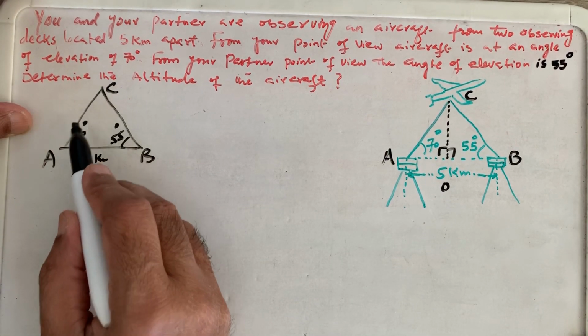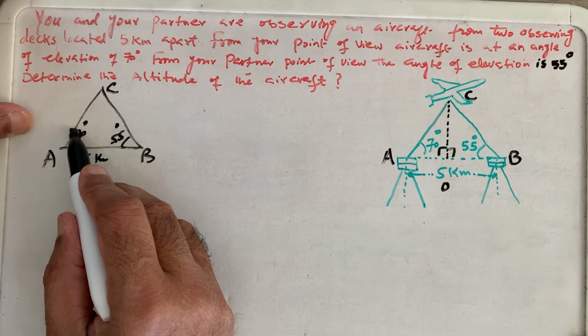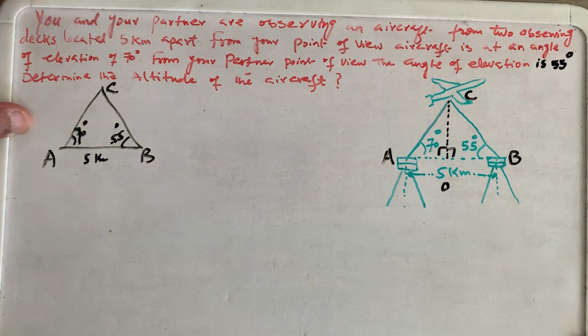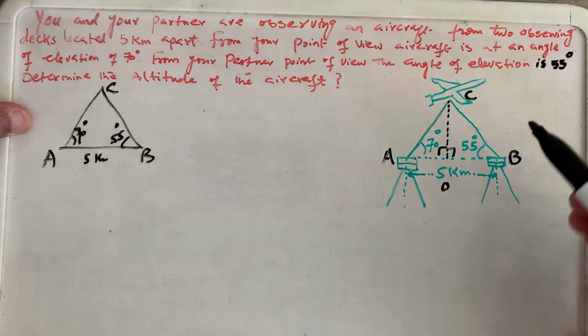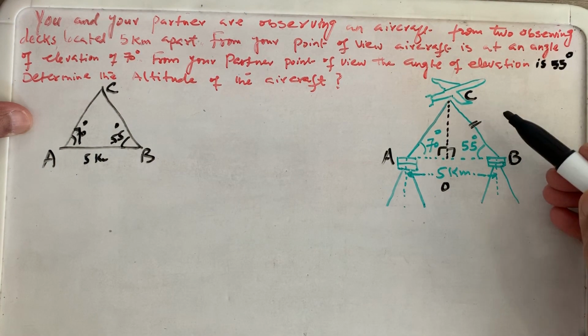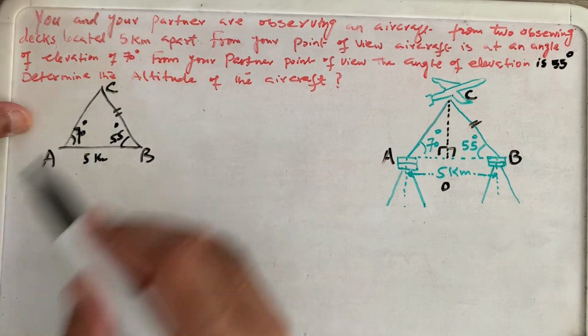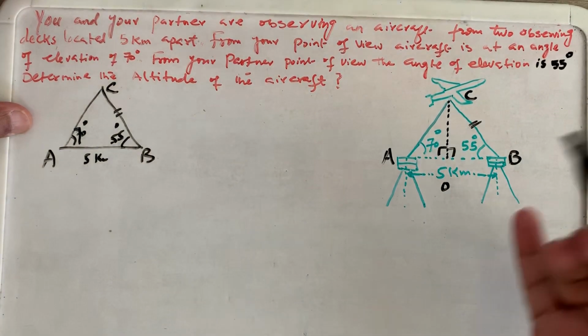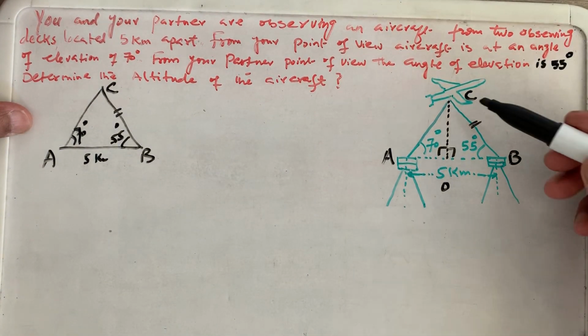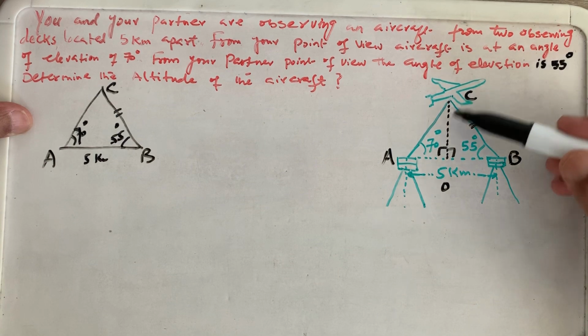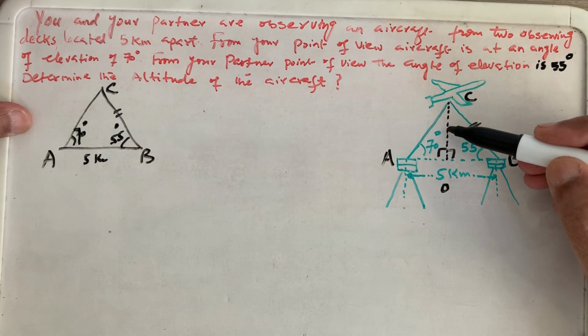So this is given, 70. What you first and foremost have to find out is this side. If you find out this side, then we can go back to our original right angle triangle, which is COB, where we can find out the altitude.